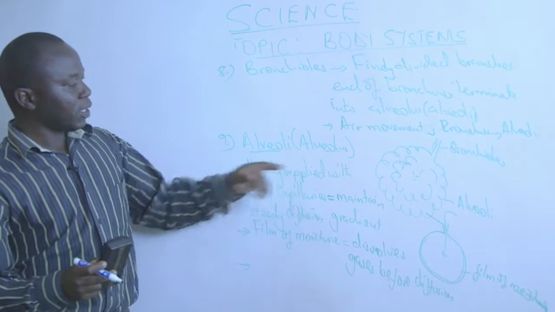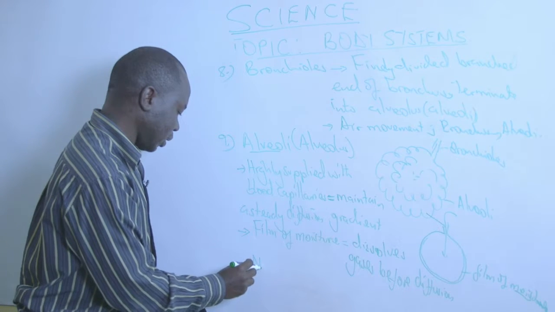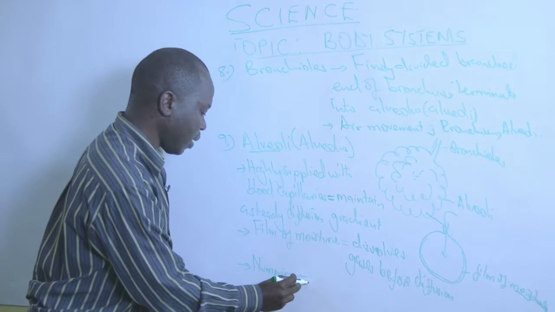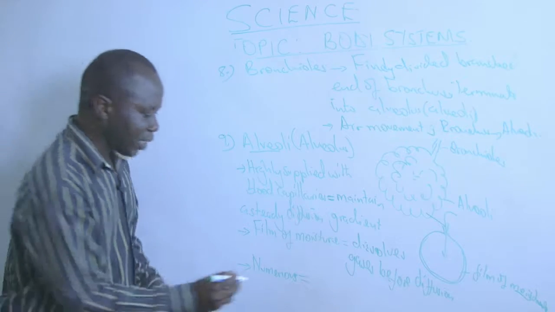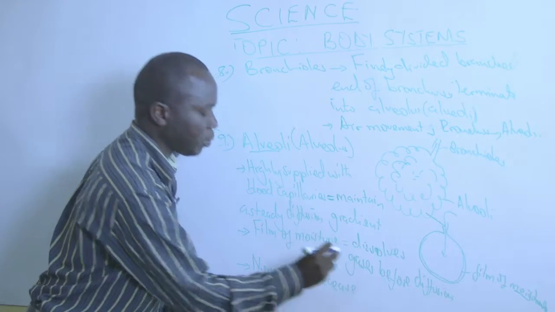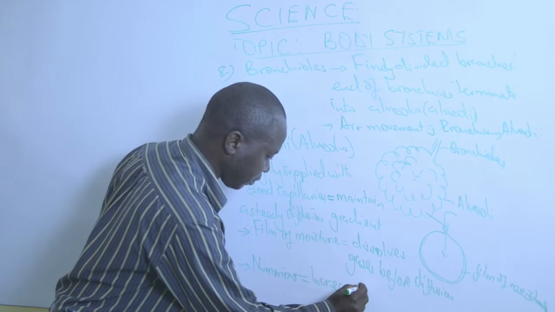And then we have already said that alveoli are very many. Why are they numerous? They are numerous to increase surface area for gaseous exchange.